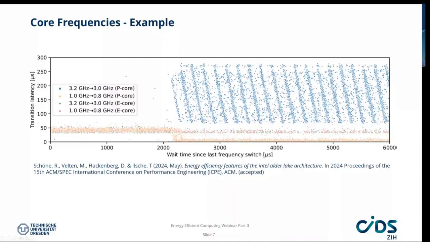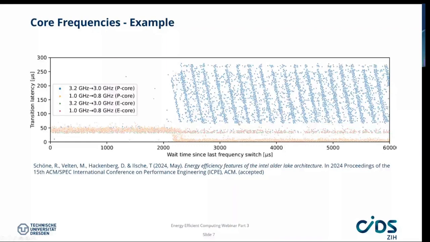That means, if we're looking only at that part here with blue in the upper right, that depending on when you arrive in time, depending on the last frequency switch, you will either have a long time to wait for your frequencies to switch to the new frequency that you want to apply, or you have a low time to wait for that, because internally there's a mechanism which will read the targeted frequency only once after like 250 microseconds or 500 microseconds or something in the way, depending on the processor, and then applying the frequency, which is then the remaining overhead that you see here.